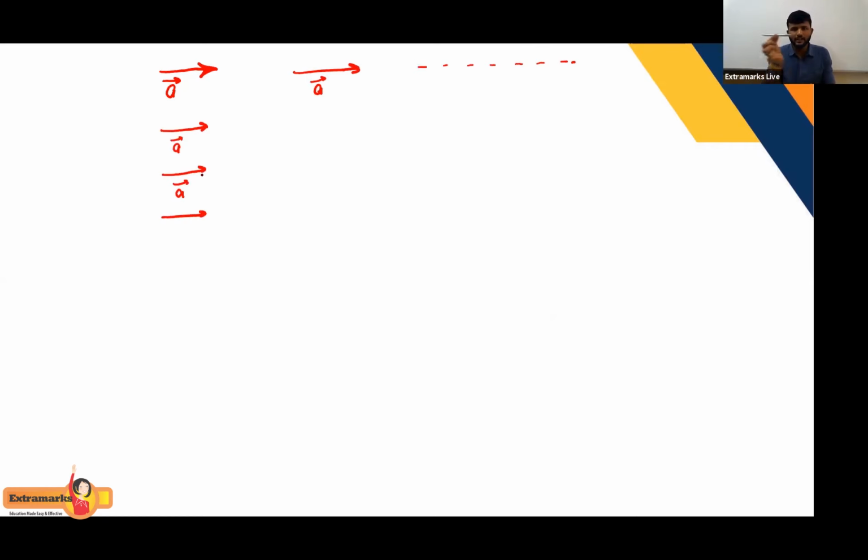I can translate the vector anywhere, wherever. If I want it here, I can place it. If I want it somewhere else, I can move it, right? The vector will remain the same. It will never change. Never rotate it. What you have to do is just translate, just move along its line, or you can shift parallelly anywhere. If you are shifting parallelly anywhere, the vector will remain the same.